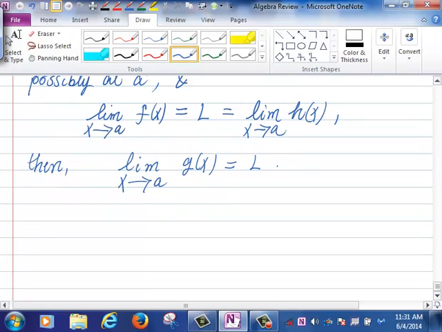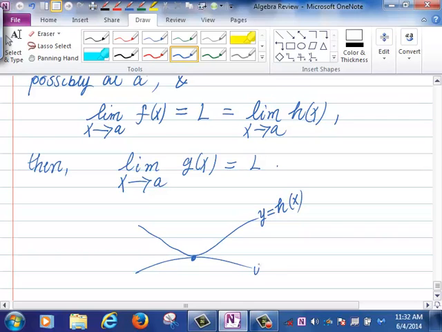And graphically, what's happening is the following. I'm not going to bother drawing x and y axis. Let's just say f is the one which is below all the other ones. So let's say this is the graph of f, this is the point at a, and this is the graph of h.